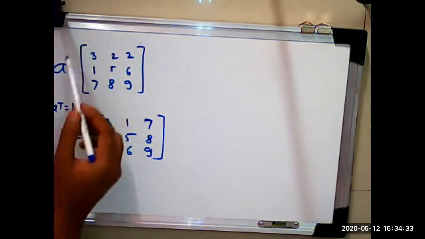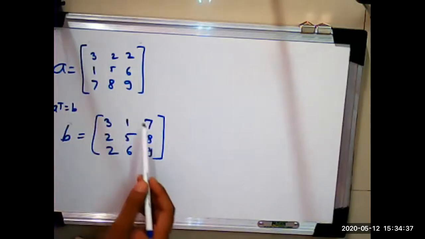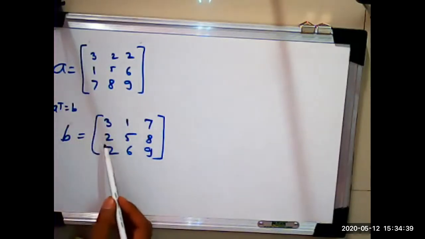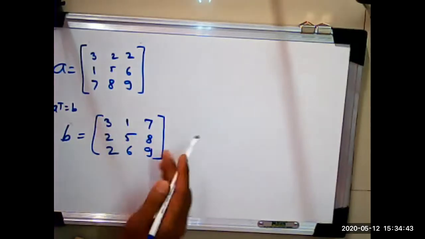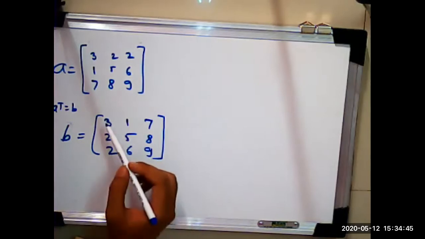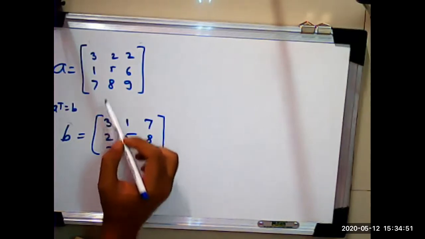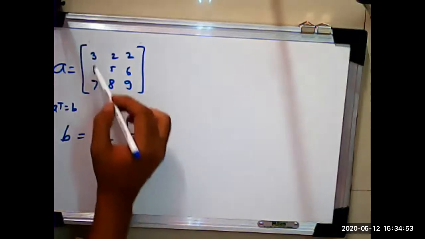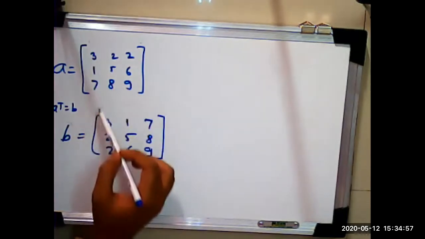Your input is only one 3 by 3 matrix and your output is this one, the A transpose, and you have to print this one. For that purpose you first have to see manually how it gets transposed. You can see here 3 is as it is.